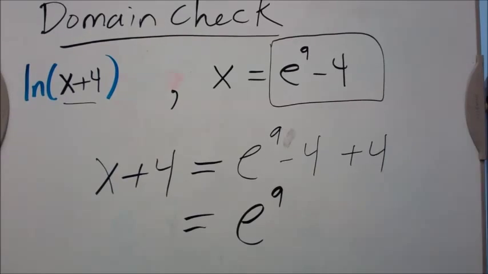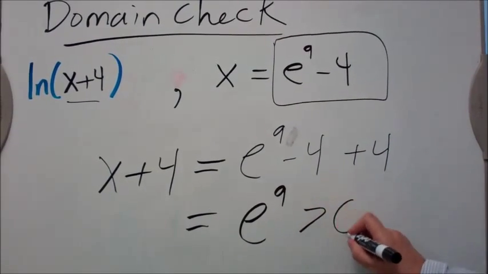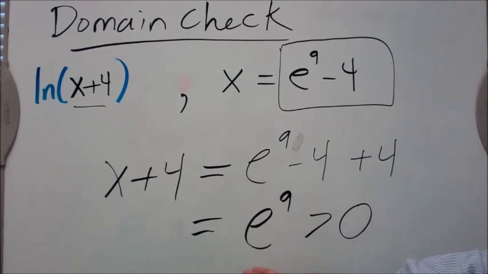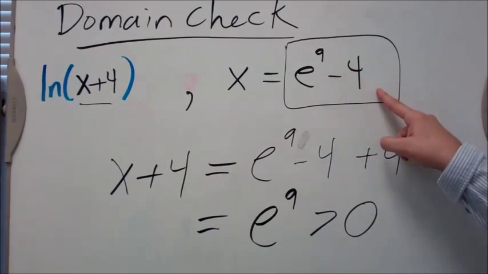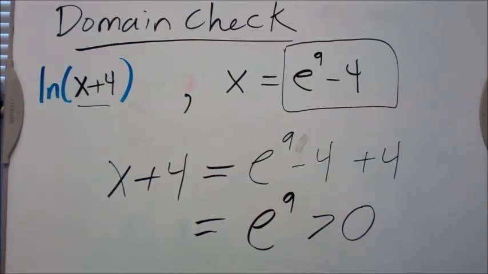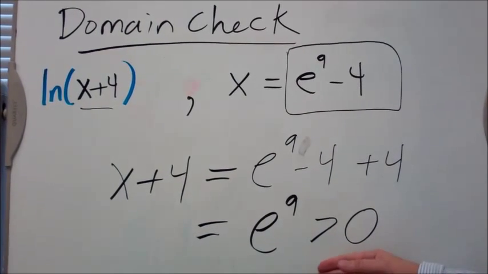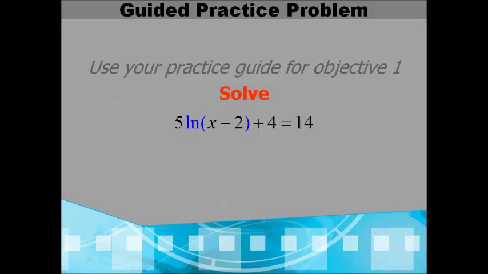You can plug that into your calculator if you so desire, but that is a very large positive number. So taking the logarithm of x plus 4 when x is e to the 9th minus 4 has us in fact taking the log of e to the 9th, which is positive, so we're fine.